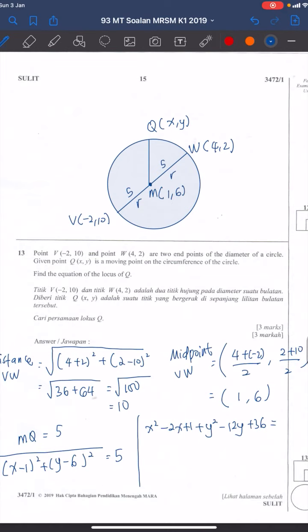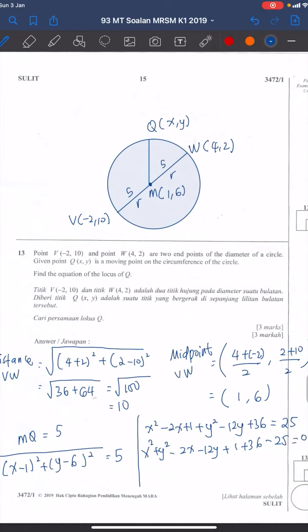So square root pindah sebelah akan jadi 5 square is 25. Saya pindahkan 25 ke sebelah. So dia akan jadi X square plus Y square minus 2X minus 12Y plus 1 plus 36 minus 25 equals to 0.